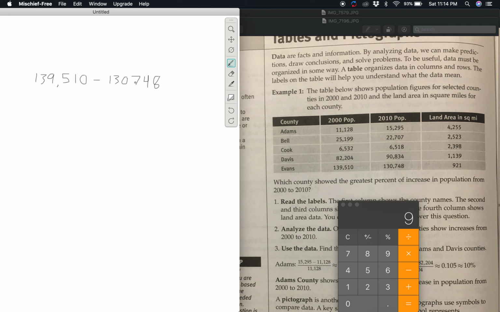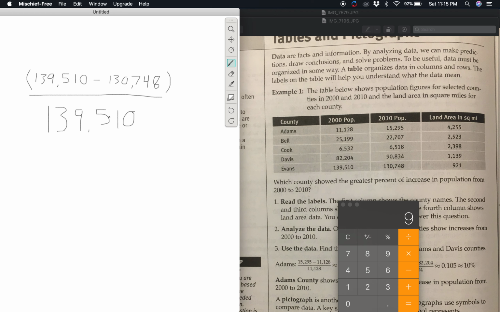Okay, so here we have the formula, and I'll explain this to you in a second. Basically you subtract the smaller number from the larger number and then divide it by the original number.